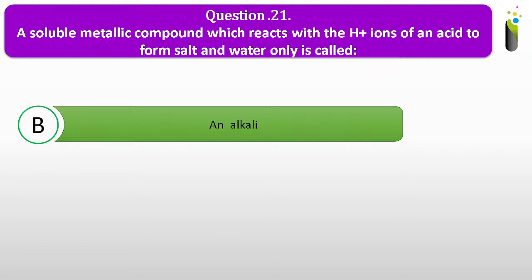And the correct answer for this question is B. A soluble metallic compound which reacts with the H plus ions of an acid to form salt and water only is called as an alkali.